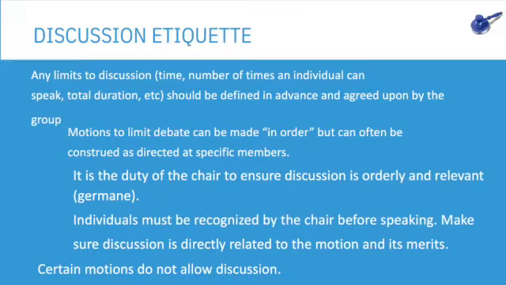It is always the duty of the chair to ensure discussion is orderly and relevant. We call that being germane. Individuals must be recognized by the chair before speaking and make sure discussion is directly related to the motion and its merits. And we'll talk about different types of motions, but some motions do not allow discussion.